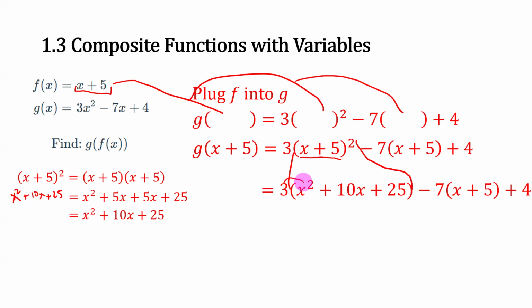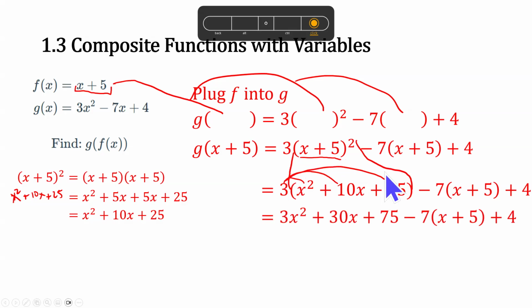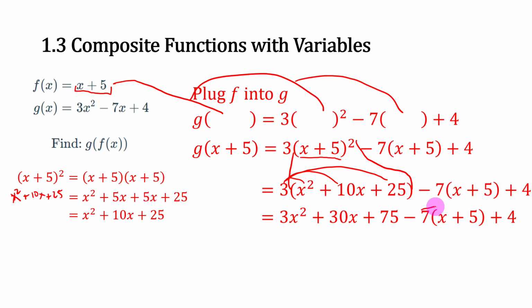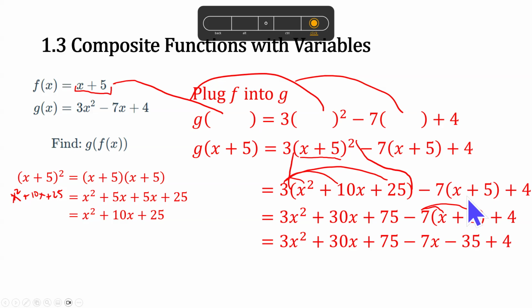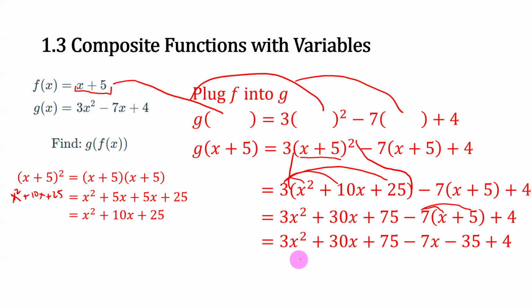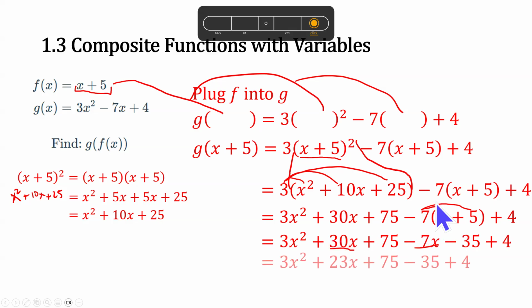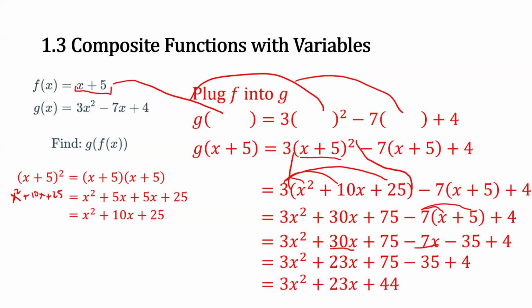We need to do our distribution. Do the distribution again, watch the negative. Combine like terms. I can combine the 30x and the minus 7x. And then I combine all my numbers. And there we go.